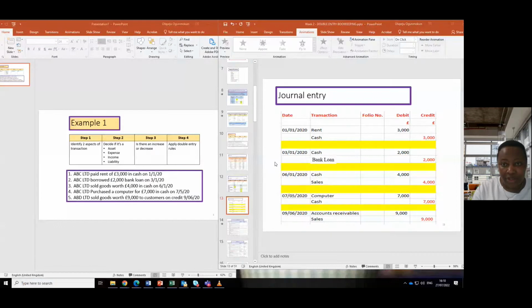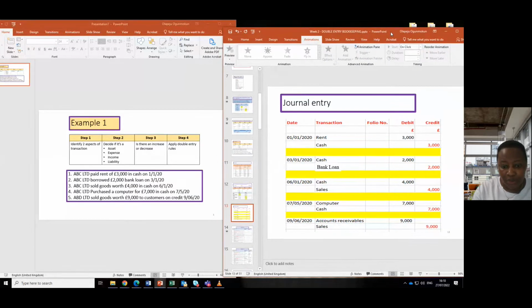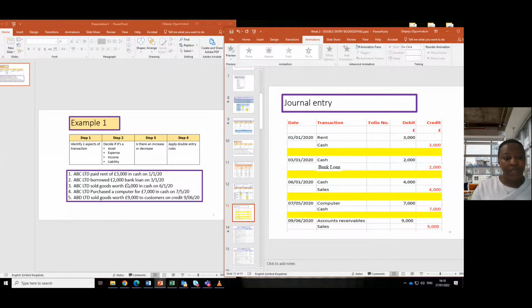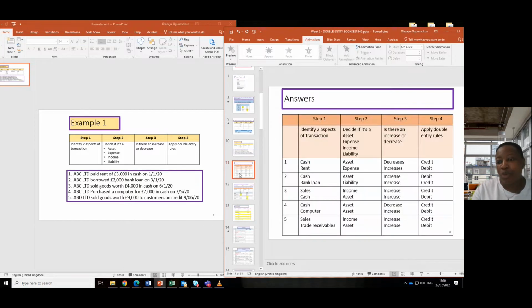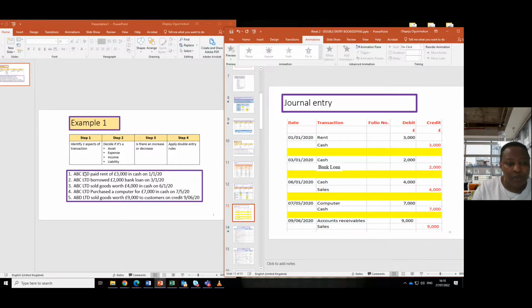Let's record the transaction into the journal entry. That's what we're going to do. So for the first example we have, which we have just followed, we just followed the steps, understanding where we should debit, credit, and all of that. So in posting into the journal entry, the first transaction is that we have identified rent and cash, and we have said that there was an increase in rent, which is an expense, and there was a decrease in cash, which is an asset.